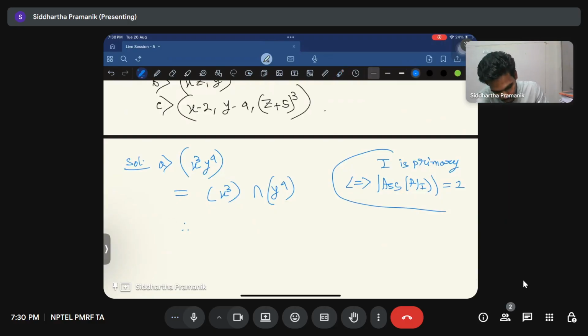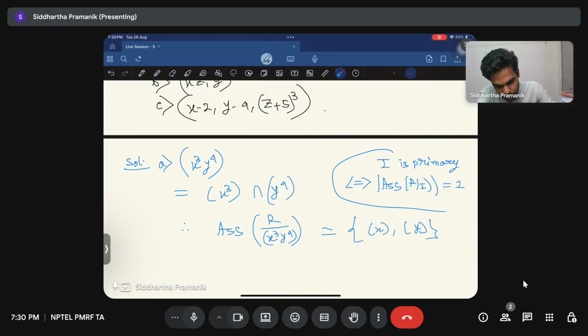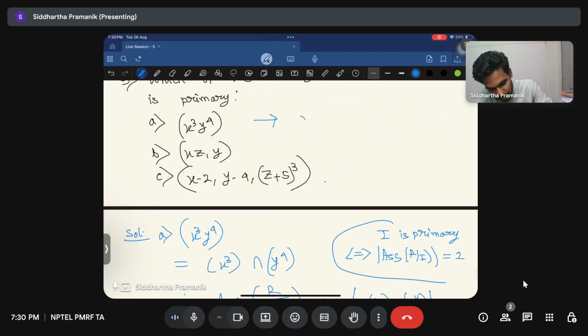So the associated primes of R mod x cube y power 4 are the radical of this one and the radical of this one, which is basically the ideal generated by x and the ideal generated by y. So it is not a singleton. So it is not primary.